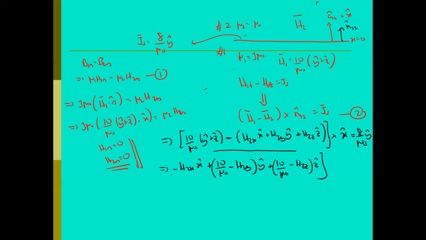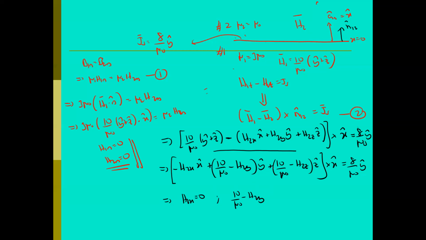Okay, and this answer from the subtraction, we then cross product with the x unit vector, and it should equal 8 over mu naught of y. With this, we can solve for H2x, H2y, and H2z. From this solution, we find that H2x will be 0, and then you're going to have that 10 over mu naught minus H2y.